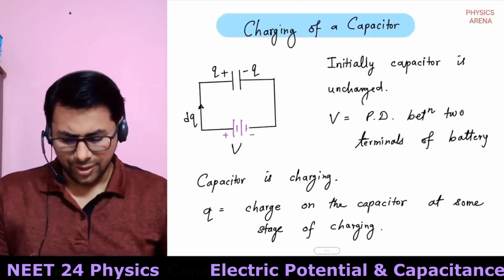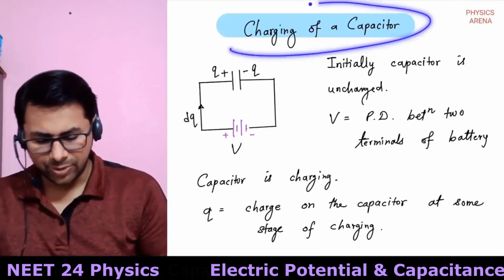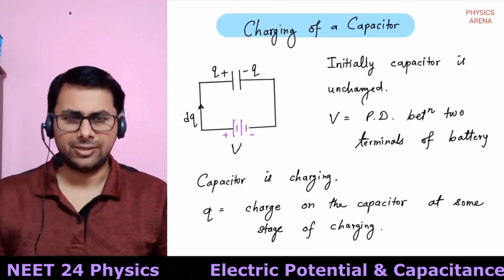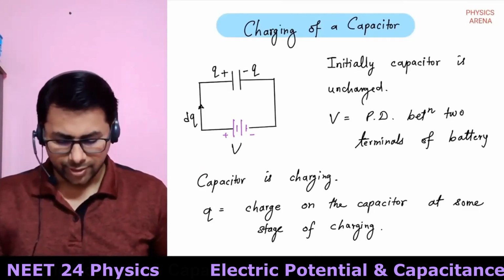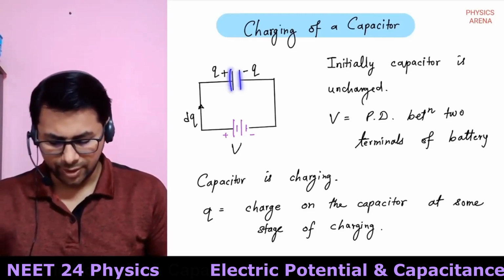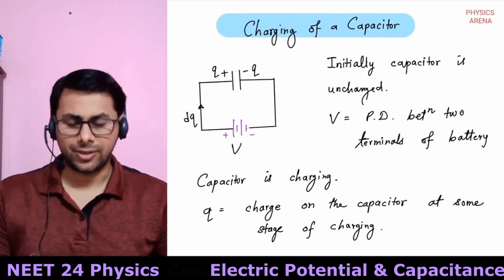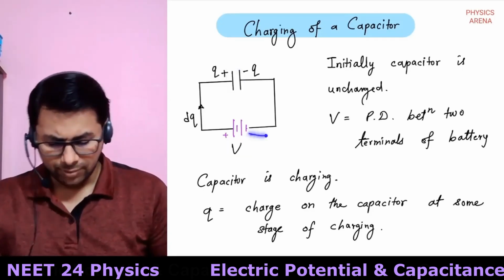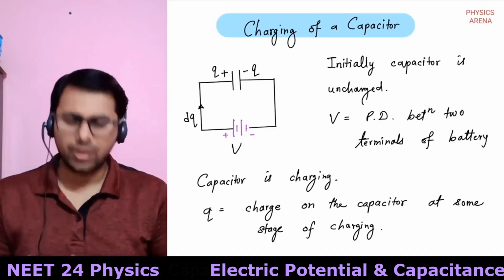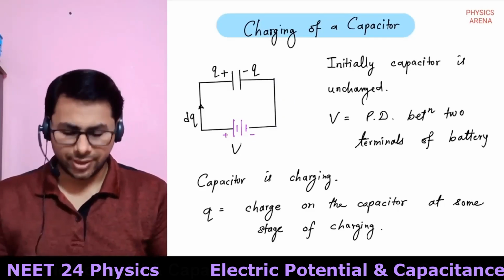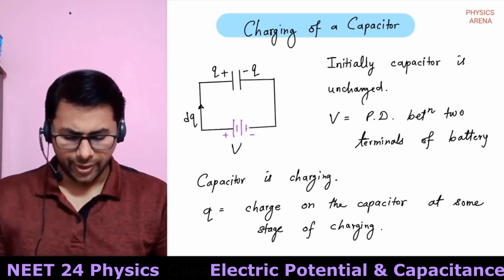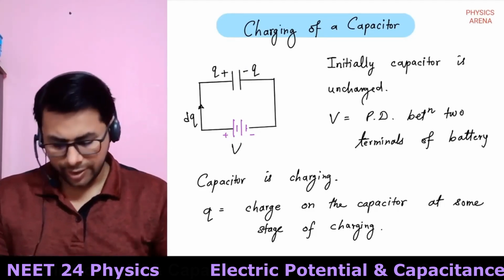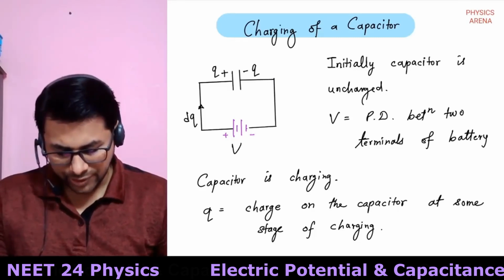All right. After that, the next point is charging of a capacitor, and this is also an important point. Suppose you have this capacitor and you apply some potential difference. Suppose the capacitor is charged up to some charge, let's say Q, so it is not fully charged.